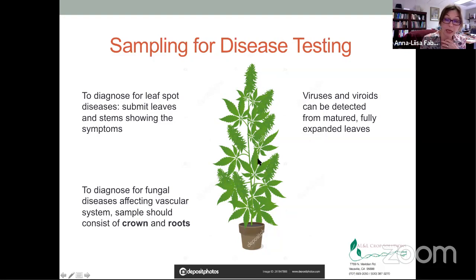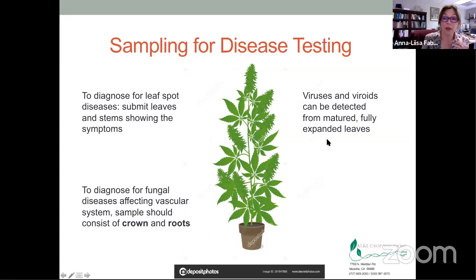So if you're just taking leaves from here, the symptomatic leaves, even the yellow leaves, they don't provide a good answer for me. They're just getting yellow because something is blocking the vascular system, the Fusarium or whatever organism is present in here. So we cannot diagnose that disease properly without having parts of the crown and roots in a sample.